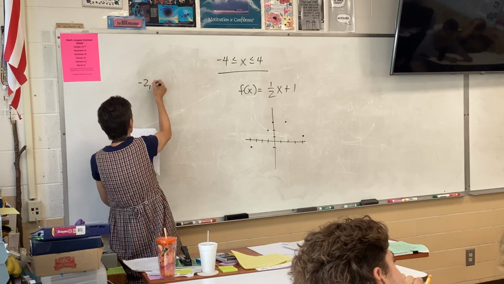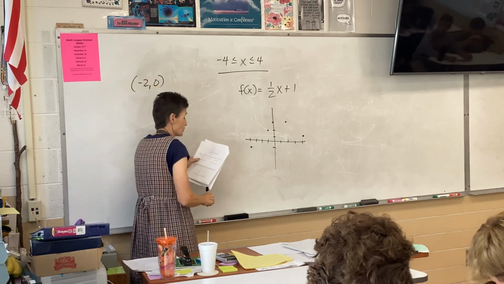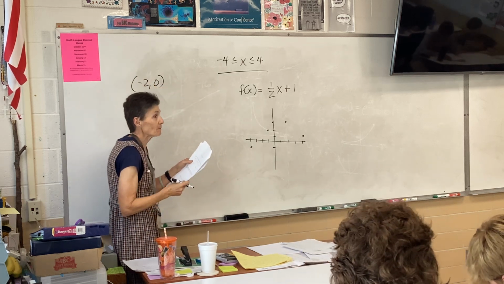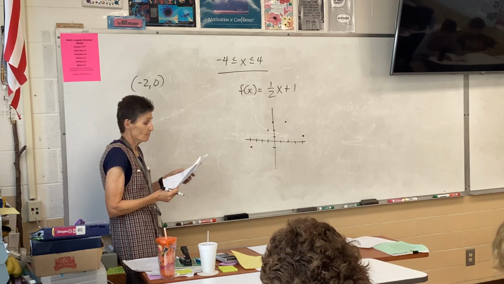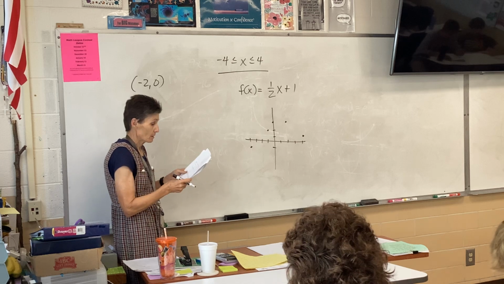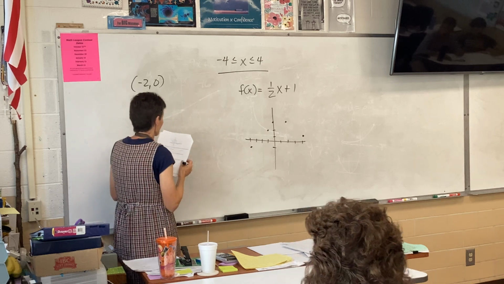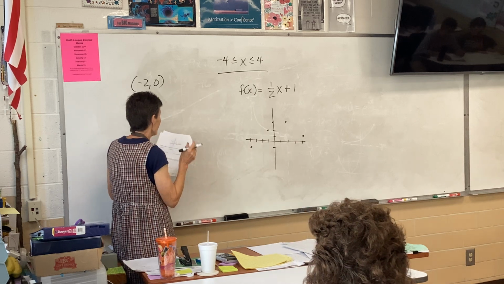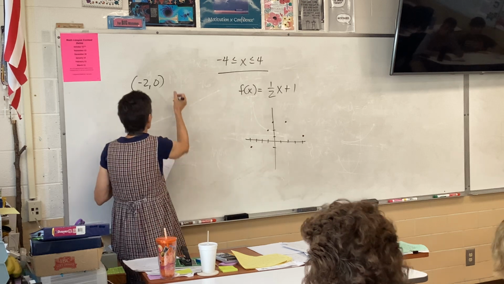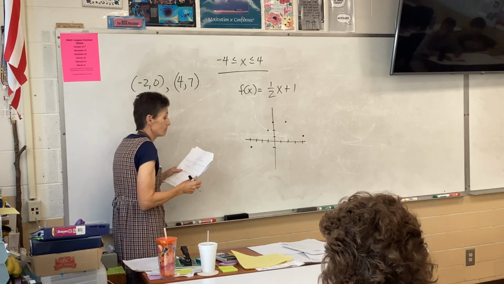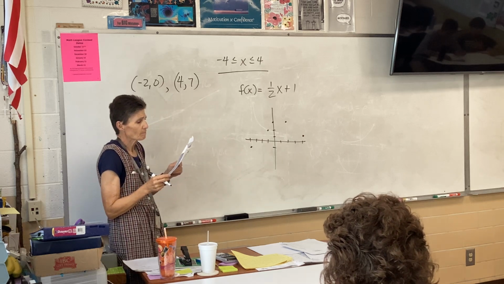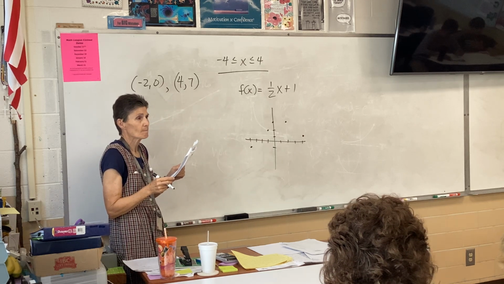Negative 2 to 0? Yep. It's going up. We're talking about the function, not the rate of change. Any place else? Declan? 4 to 7. 4 to 7? Any place else that the function is rising?